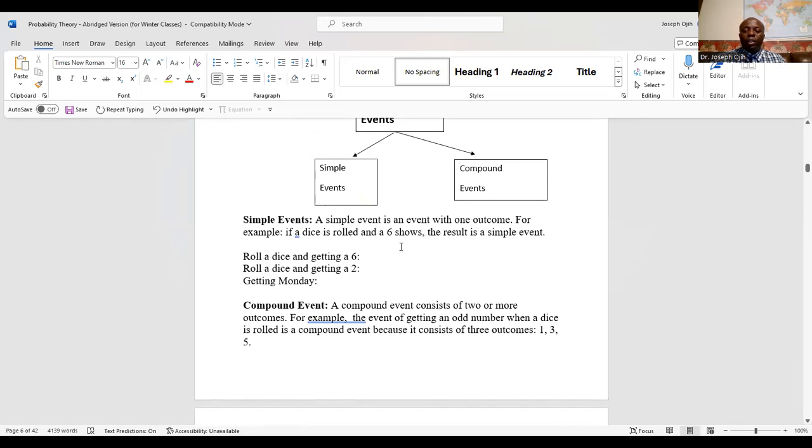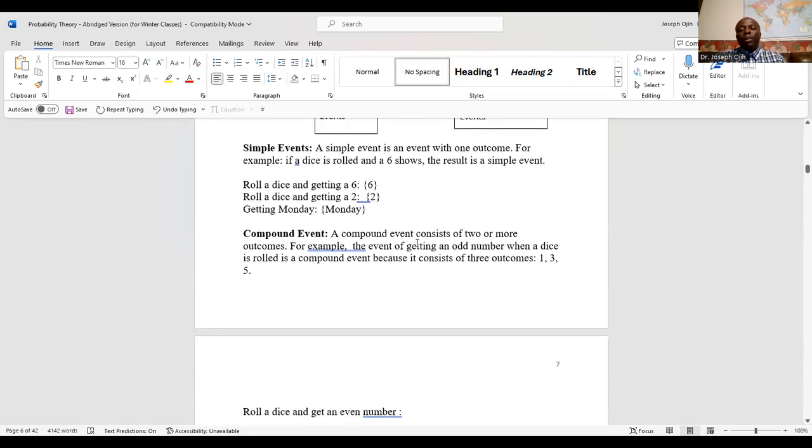For example, if you roll a dice and the 6 shows, the outcome is just 6, so it's a simple event. If you roll a dice and the 2 shows, I have 1 outcome, which is 2. If you are choosing the days of the week and get Monday, it is still 1 outcome, which makes it a simple event.